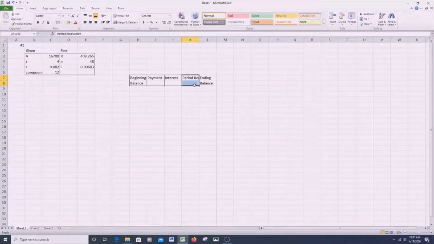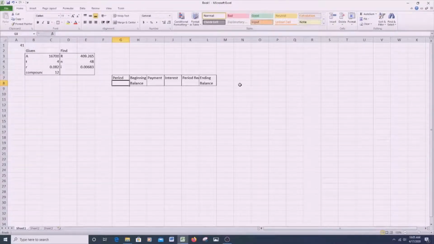You can also possibly get away without using beginning and ending, but I think it makes it clearer if you have the beginning and ending balance. It's also a good idea to have an index here for the particular period you're talking about.